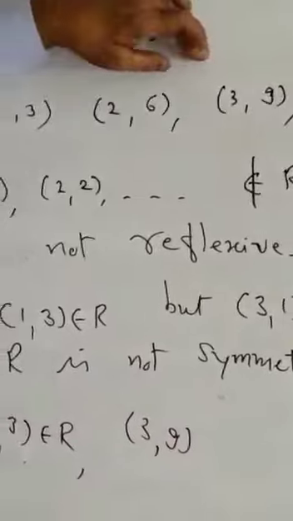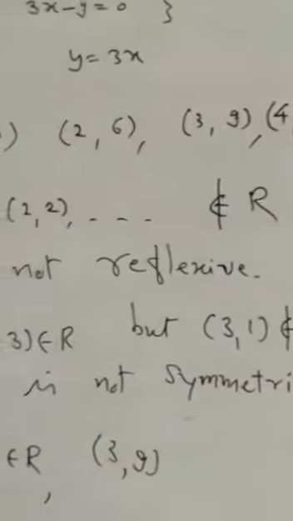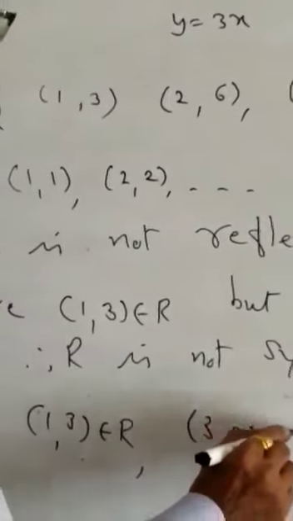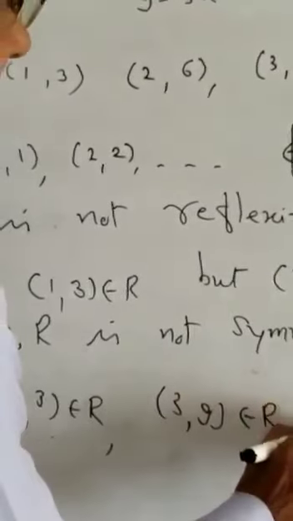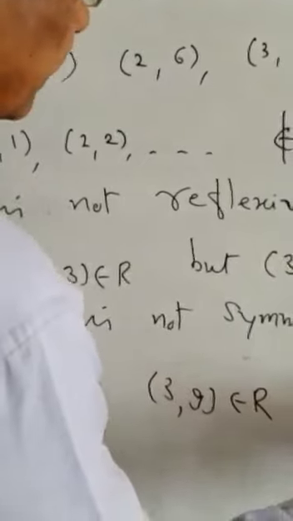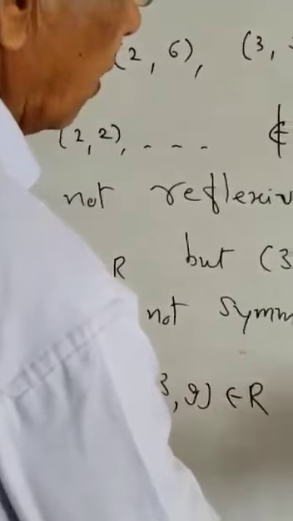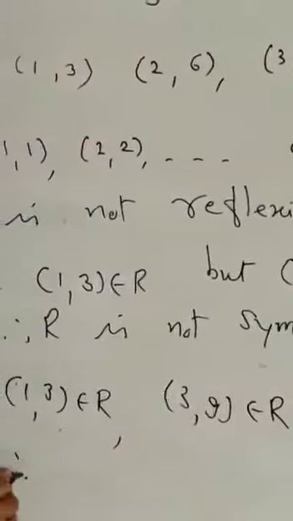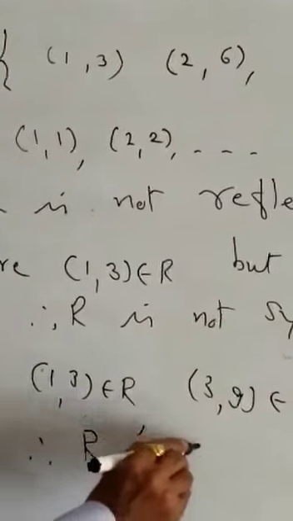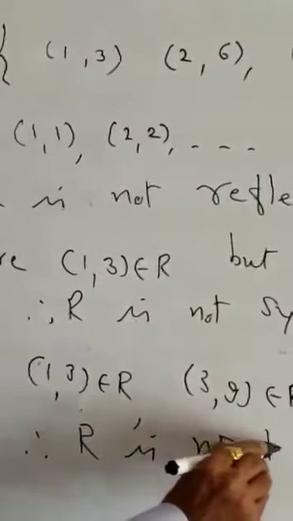In every relation we have to get such pairs (a,b) and (b,c). Here (1,3) belongs to R, (3,9) belongs to R. But (1,9) does not belong to R. Therefore, R is not transitive.